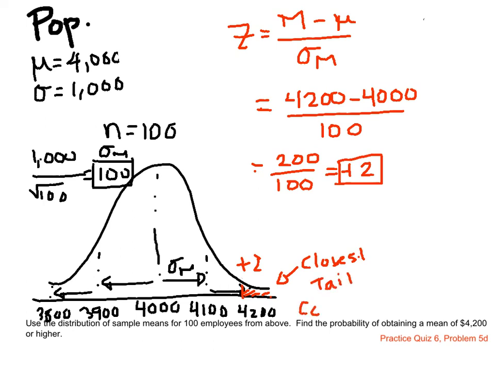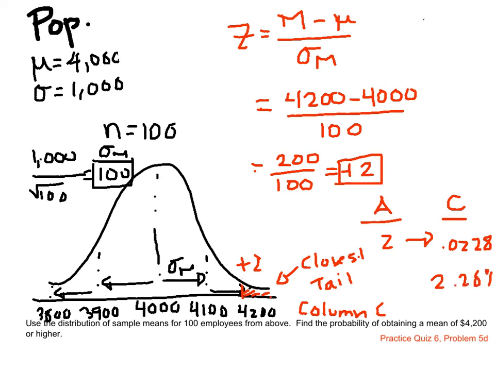So I know I'm going to have to use column C. And if I use column C, I can look up the z-score 2 under A and cross-reference to what it says in column C. In column C says 0.0228, which comes out to be 2.28%.